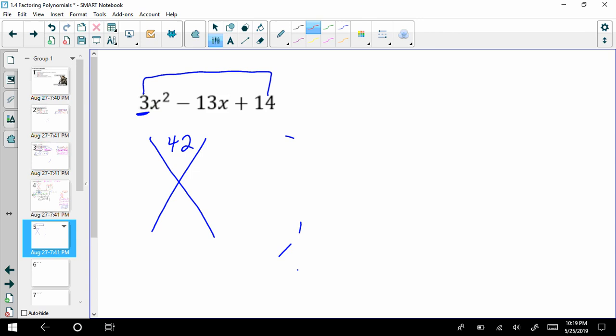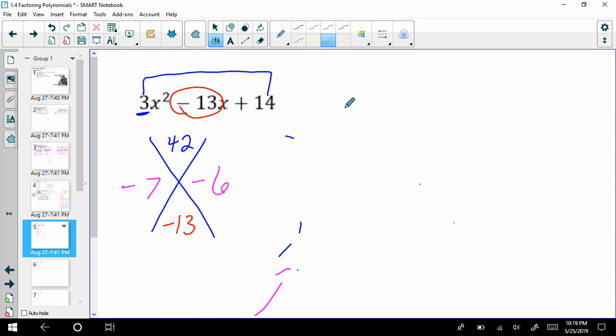And I want to add, make sure it's a negative 13. So we're going to have to take a moment. What two numbers multiply to positive 42 but add to negative 13? You should come up with a negative 7 and a negative 6.